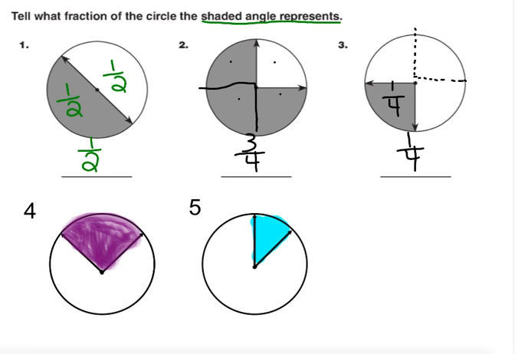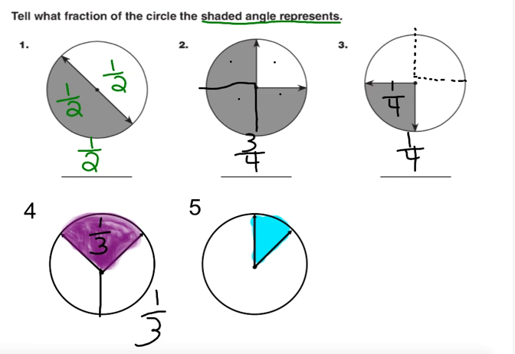So here, I'm looking at this and thinking about fractions of 1 whole, and this looks to me like 1/3, because remember we have to make equal parts. So this is 1/3, 2/3, 3/3, but only 1/3 is shaded.